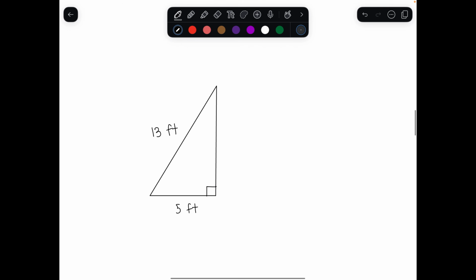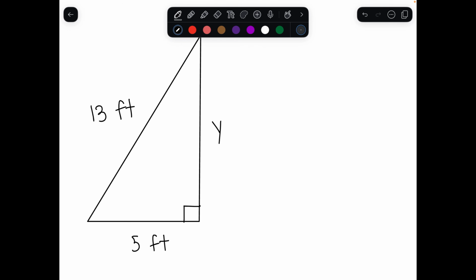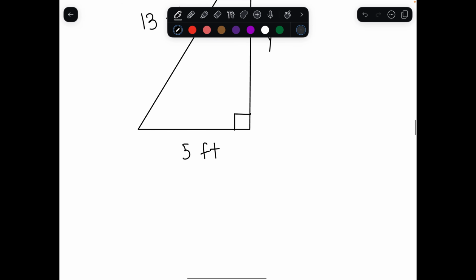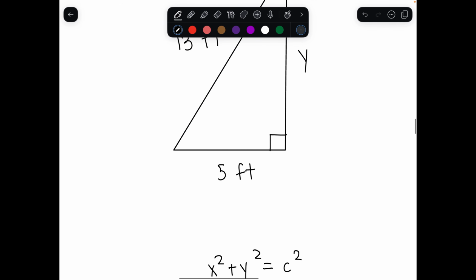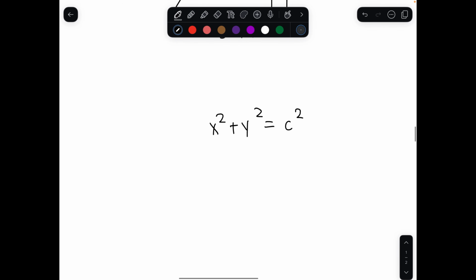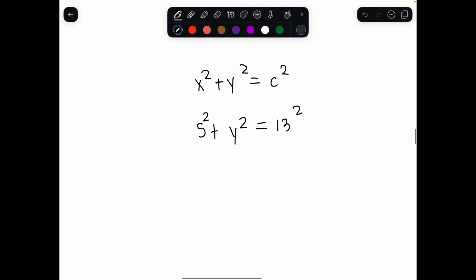Using the Pythagorean theorem, we can figure out what y is. The formula is x squared plus y squared equals c squared. C is our hypotenuse, which is 13 squared. x is 5 squared plus y squared. And now we will be able to figure out what y is.